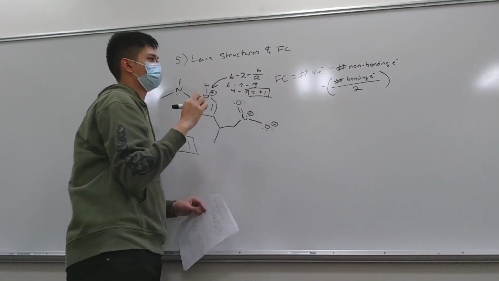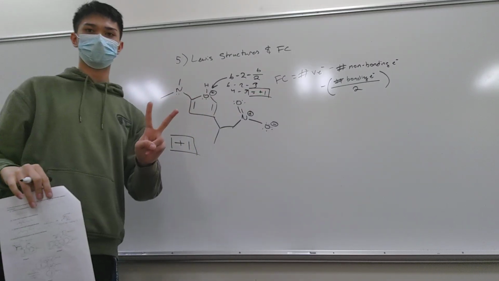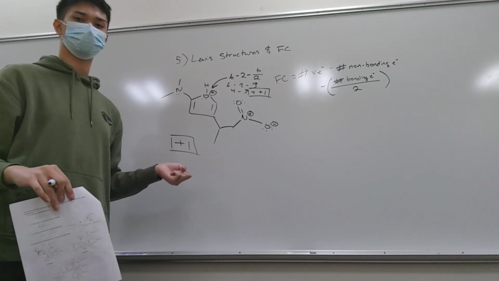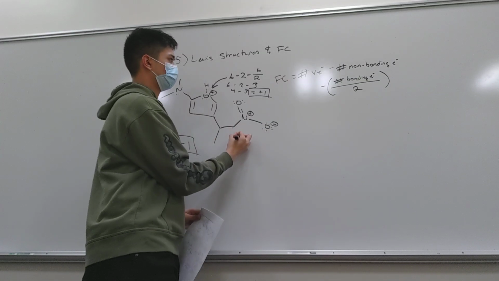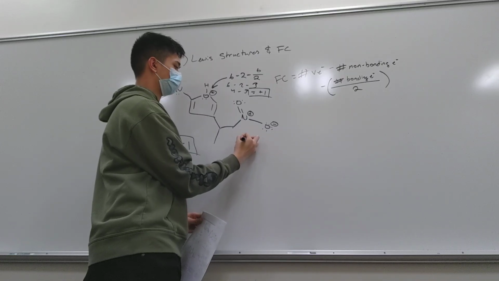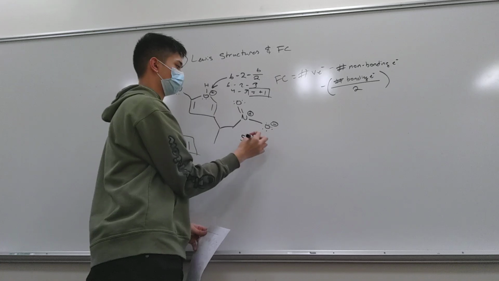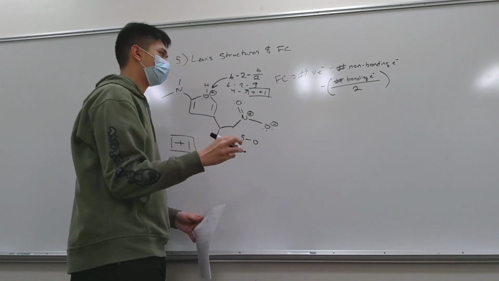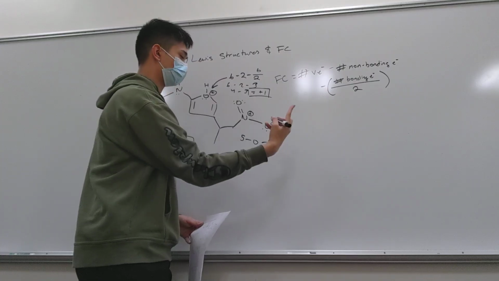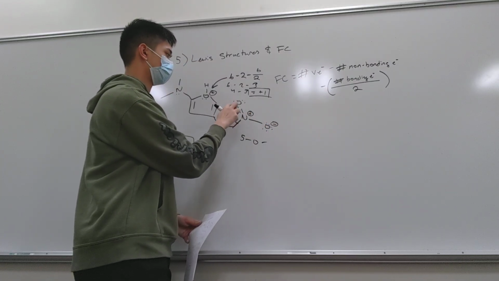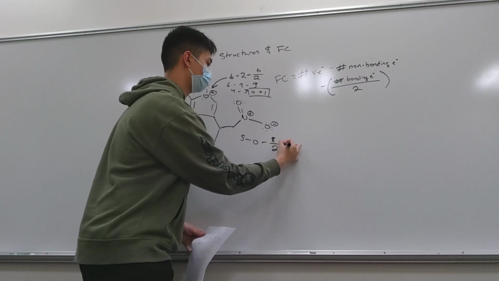There you go. The bonding electrons, you would count 2, 4, 6. 2 for each bond it has, right? If you want to do it for this nitrogen, nitrogen likes to have 5 valence electrons minus the non-bonding, which is 0, because it doesn't have any lone pairs, and then minus the bonding electrons, so 2, 4, 6, 8 over 2.